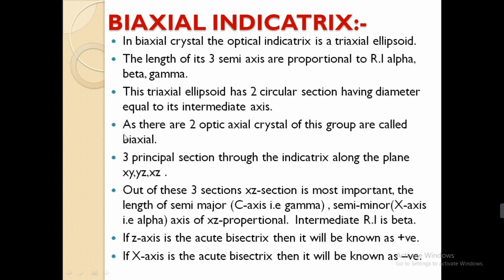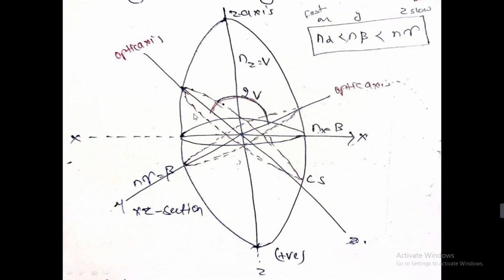As there are two optic axes, the crystal group is called biaxial. You can see this is the first circular section and this is the second circular section. In this case, y is normal to the xz plane. This is the z-axis direction, this is the x-axis direction, and this is the y-axis direction respectively.